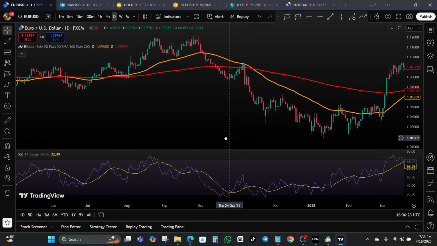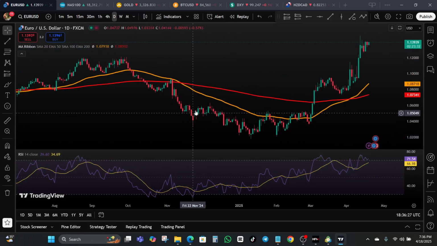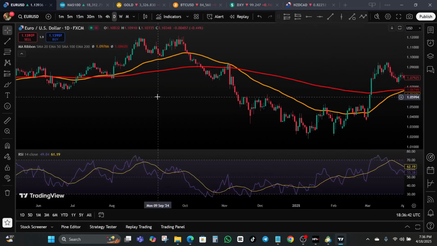This helps determine the overall trend. You can use the 50 period and 200 period moving average combo to find trend direction and potential crossover signals. When the 50 EMA crosses above the 200 EMA, it's a buy signal, so you should be looking for buy opportunities. And when the 50 EMA crosses below the 200 EMA, it's a sell signal, which means you should be looking for sell opportunities.